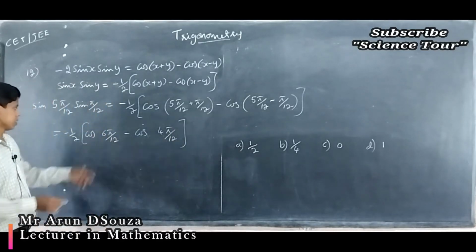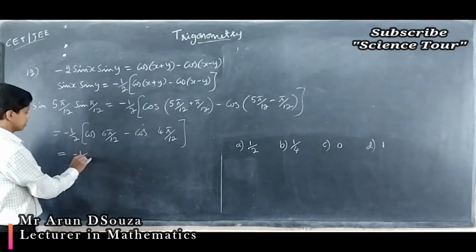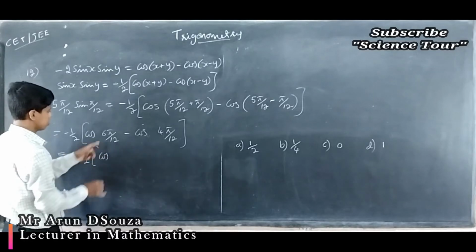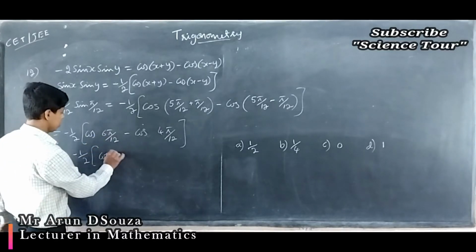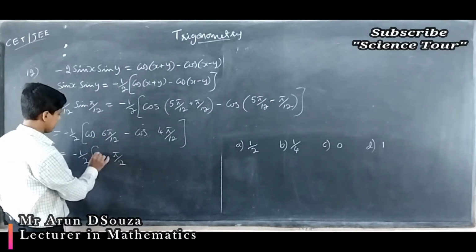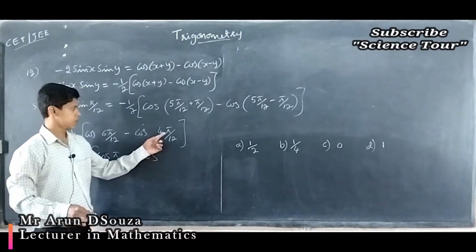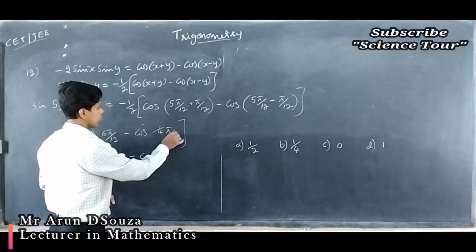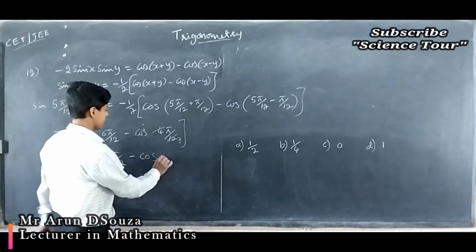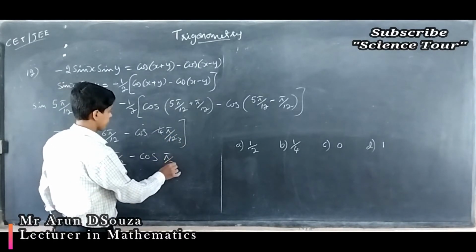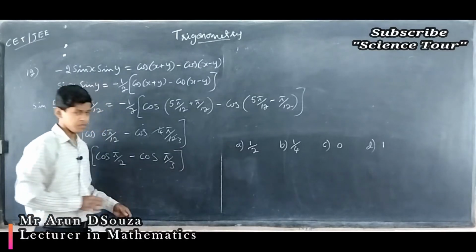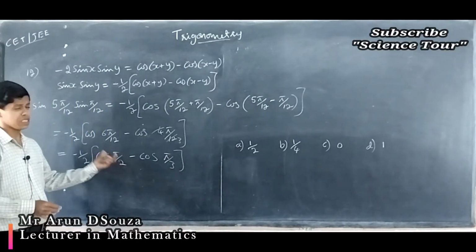Okay, so now let us once again simplify. This is cos, 6 ones are 6, twos are 12, so that is cos 90, and here 4 ones are 4, threes are 12, pi by 3, right?